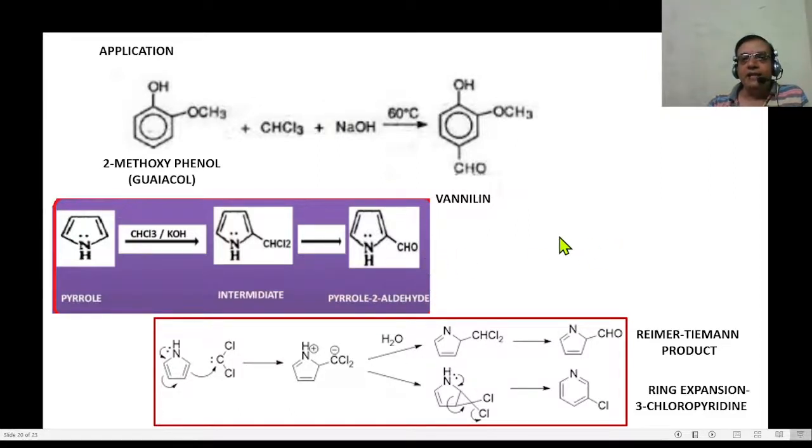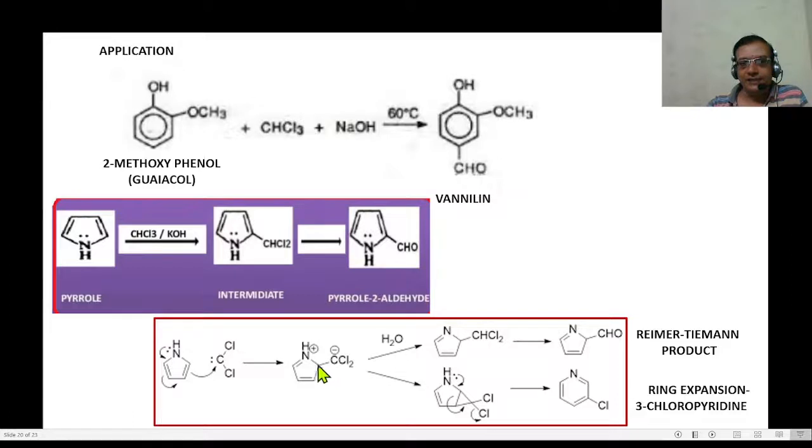Whereas in some cases, the presence of a lone pair of electrons cannot afford the Reimer Tiemann product. Instead, a ring expansion product may be expected here. See that pyrrole reacts with dichlorocarbene, leading to a dichlorocarbene substituted intermediate, which on hydrolysis can lead to the Reimer Tiemann product.